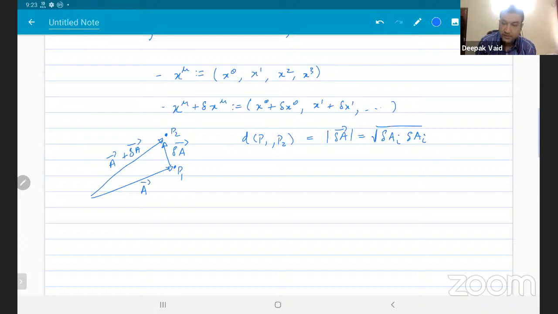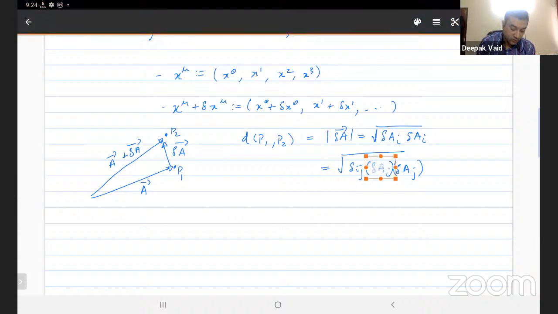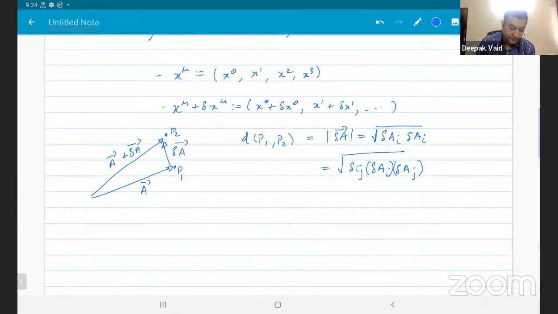So this is just a Pythagorean length of the vector. Another way I could write this is as the square root of delta ij, delta A_i, delta A_j. I'll put this in brackets to denote the fact that these are independent. This is one whole expression, delta A_i.